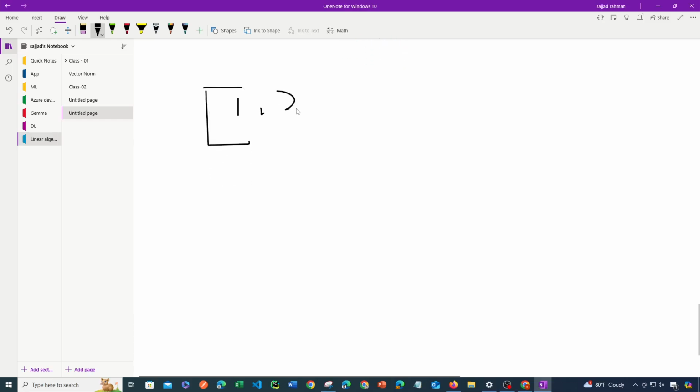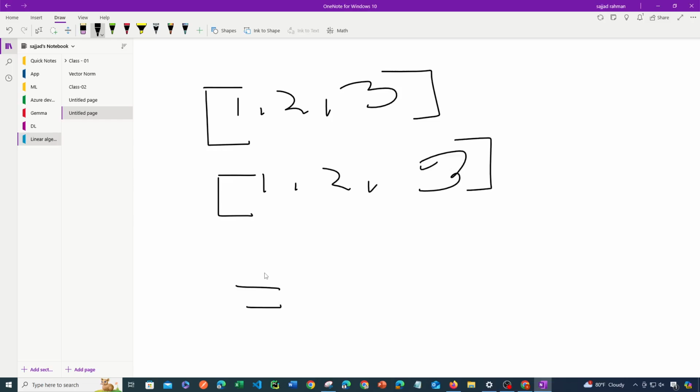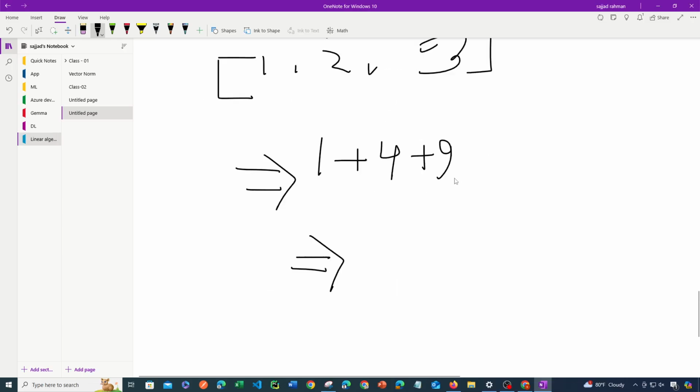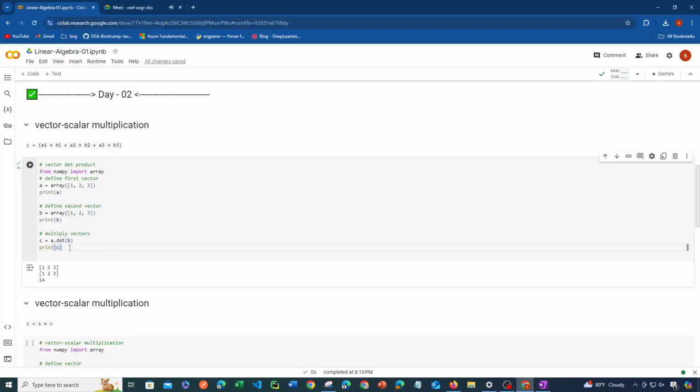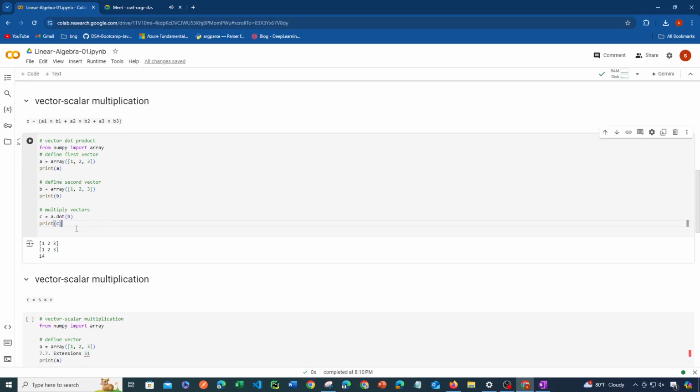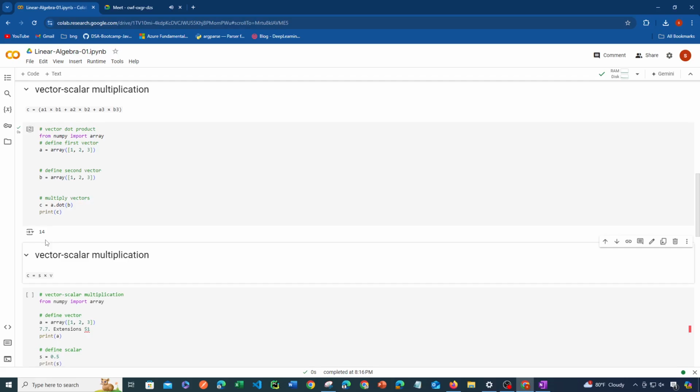If we have the same vector and we want the dot product, what will the result be? 1 plus 4 and 9, then we will find 14. So let's see what numpy returns in Python. Well, we can see 14 is the answer. I print out these two and run this, and you will see the dot product of the vectors.